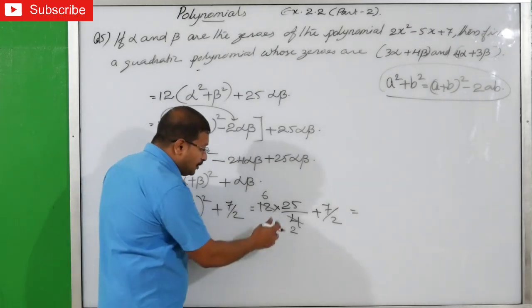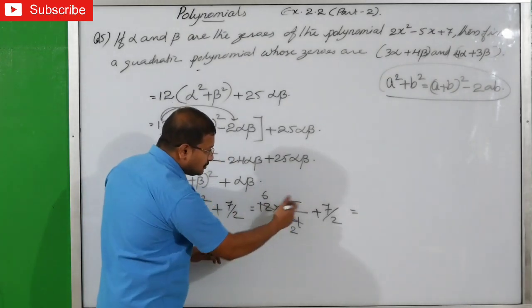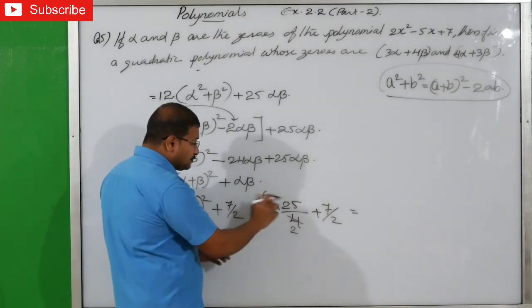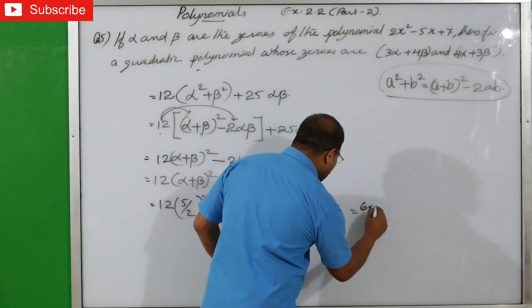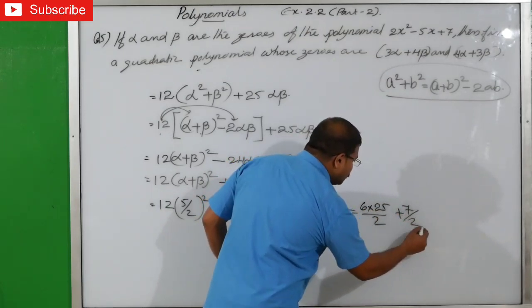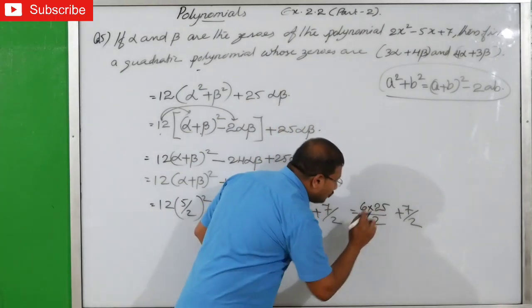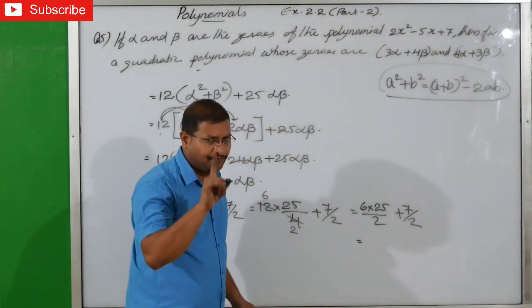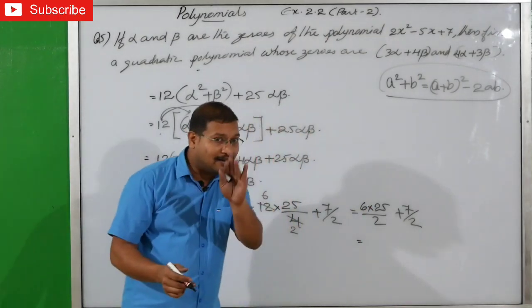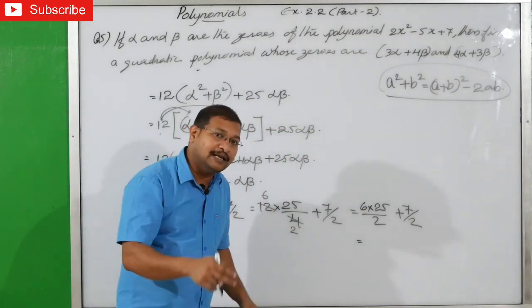Again we could cancel, but it's easy to solve without it. So 6 into 25 by 2 plus 7 by 2. 6 25s are 150, because 25 4s are 100, again 2 more means 50.